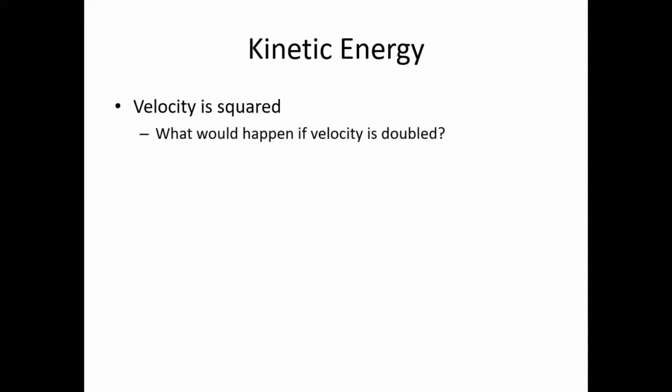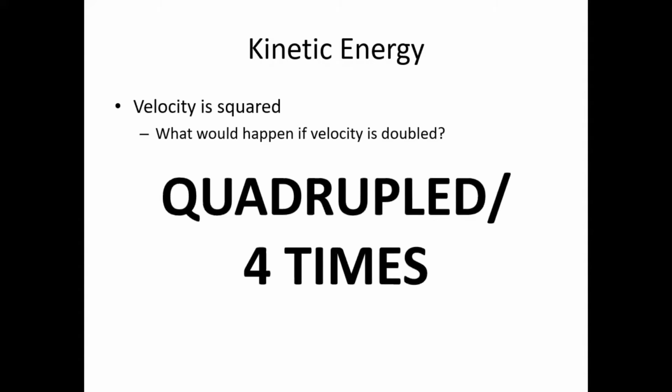So what would happen if velocity is doubled? The velocity will be quadrupled, or 4 times. So therefore, the kinetic energy would be quadrupled, or 4 times. That is the effect of velocity being squared in the kinetic energy equation.